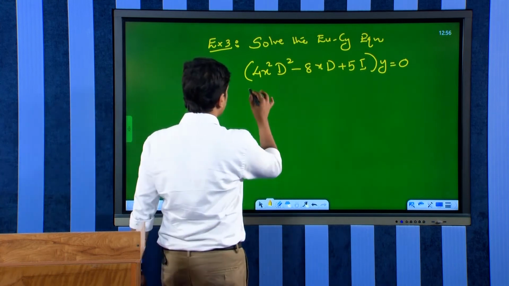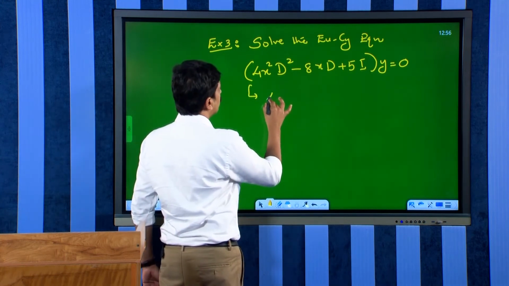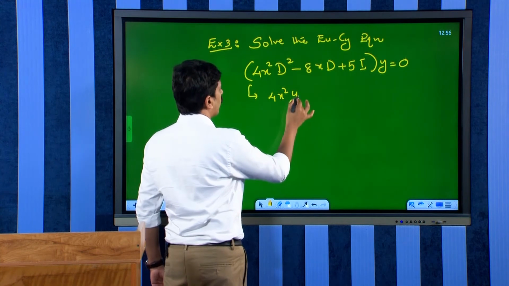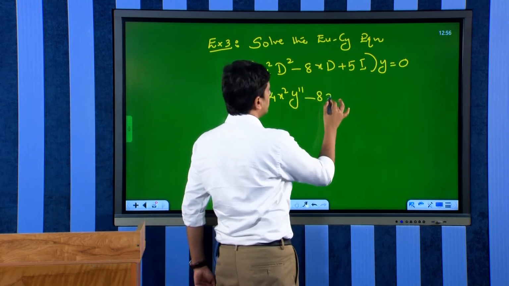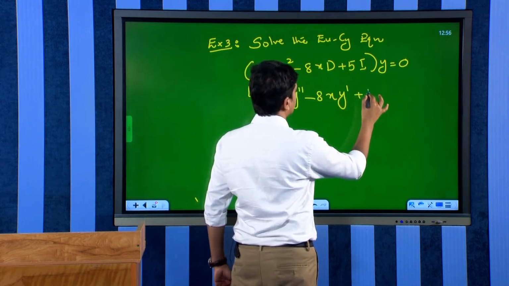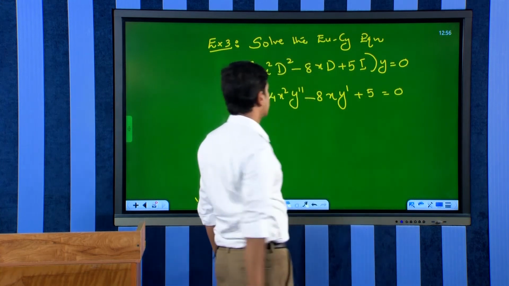See, dear students, the equation is actually 4 x square y double dash minus 8 x y dash plus 5 y is equal to 0.